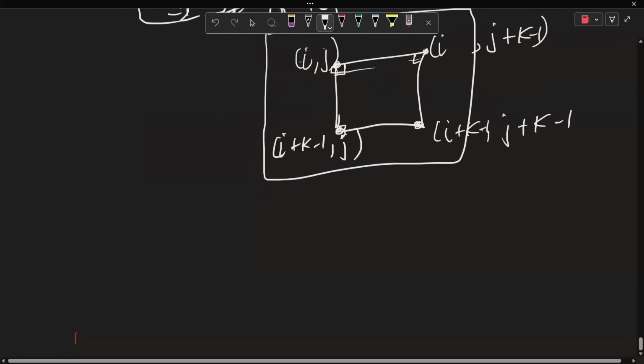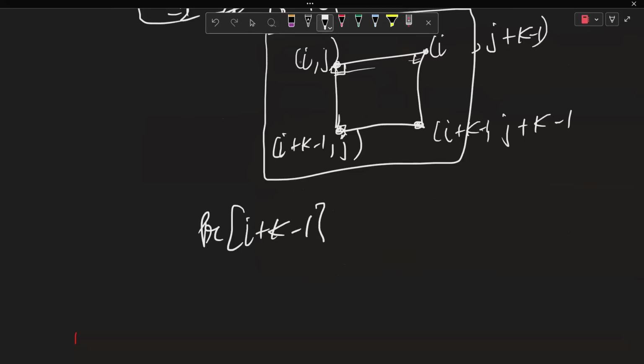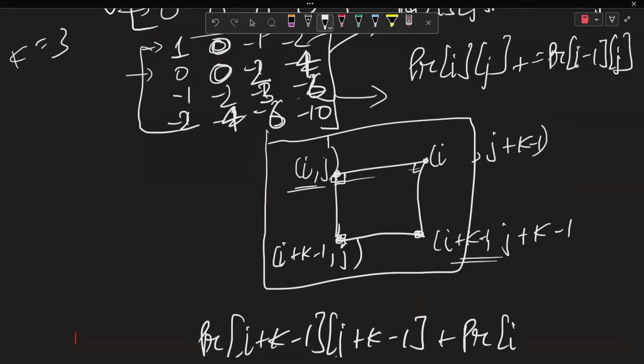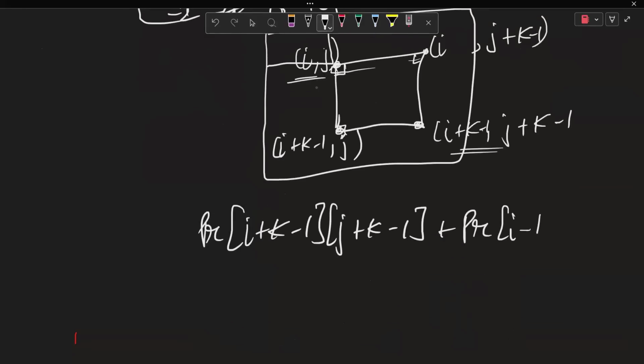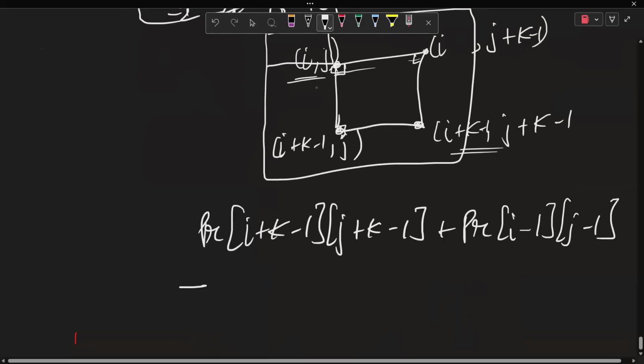So I would just do prefix of i plus k minus 1, j plus k minus 1. This thing we are adding. Then this thing also we are adding, plus prefix of before this, so it would be i minus 1, j minus 1. And then what we are subtracting? These two rectangles, this particular rectangle and this particular rectangle.